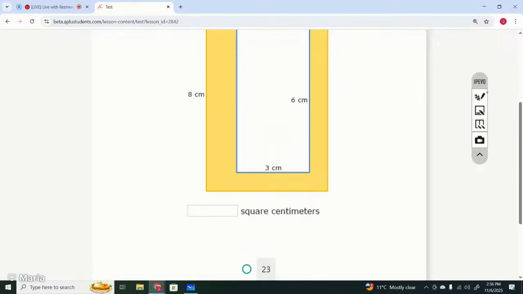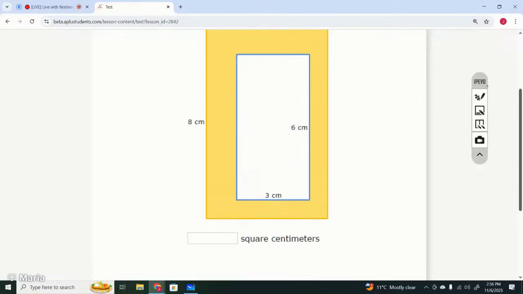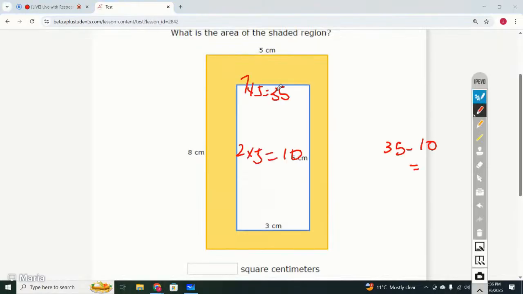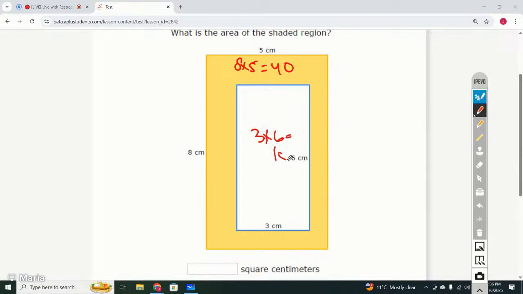So calculate the area of the outer one. That would be 8 times 5, right? That is 40. The area of the inner one is 3 times 6, that is 18.